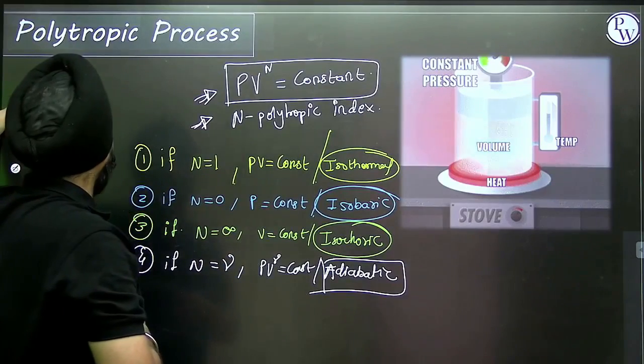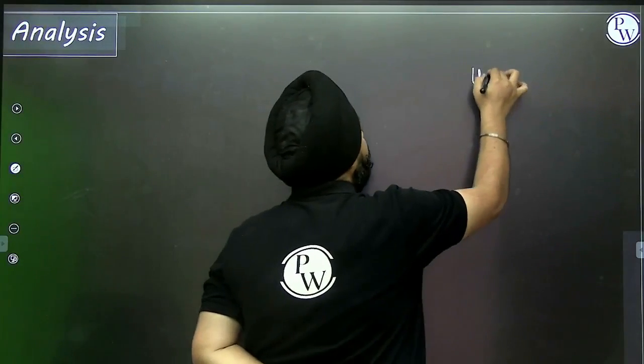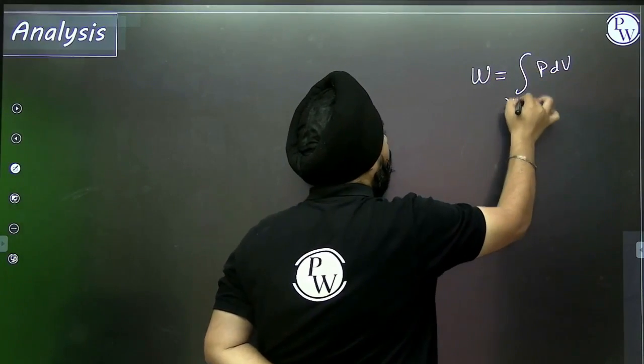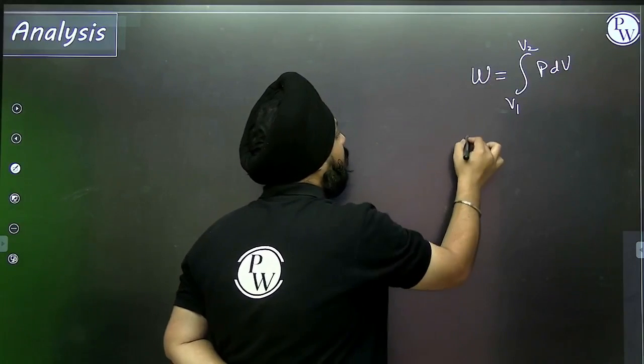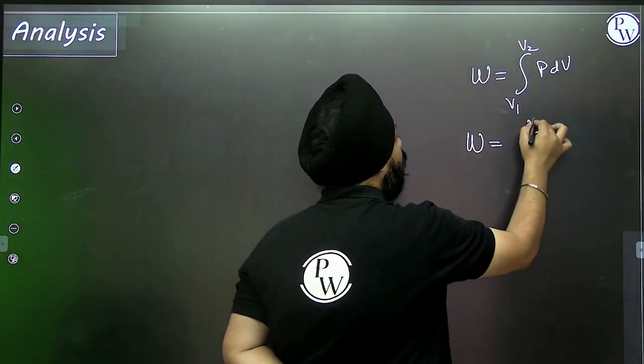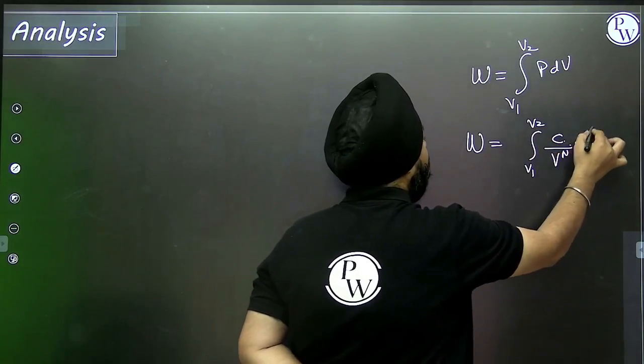about the polytropic process. Now what is the work done for the polytropic process? The procedure is the same, dW is equal to PdV, limiting from 1 to 2. Now if I replace it with the equation of the polytropic process, limiting from V1 to V2, then it is C by V to the power N, and that is dV.